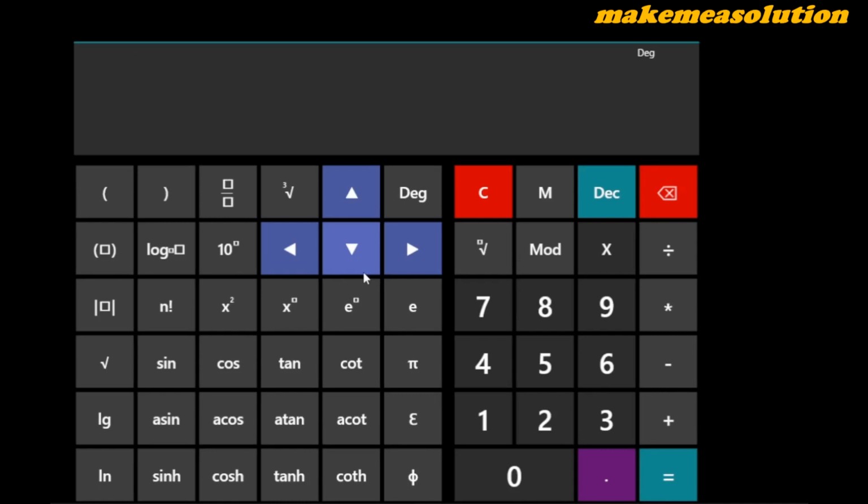So with the on-screen calculator, what I'm trying to solve is I have a fraction. I'm not going to evaluate root pi.